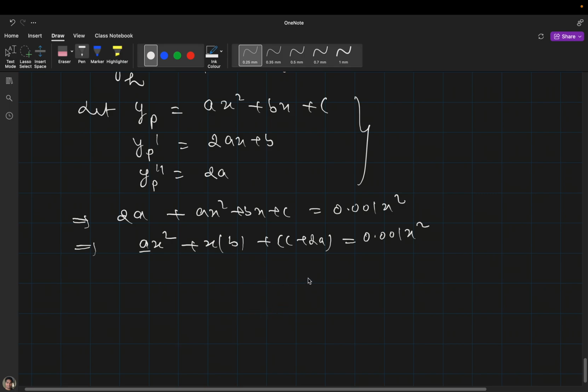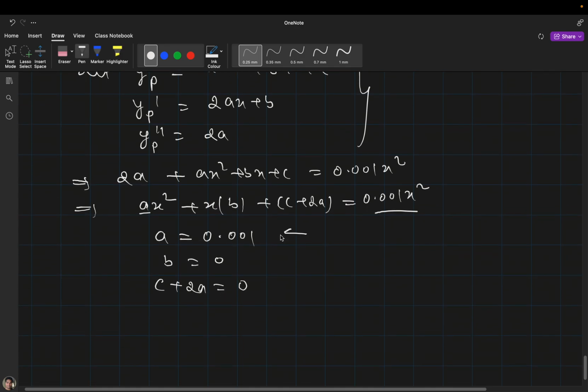Now compare all the coefficients on the left hand side with the right hand side. You can see that a equal to 0.001, and b, there is no such term which has x, so that will be 0, and also there is no constant term, so I can write c plus 2a equal to 0. Now since we already got a, you can get c equal to minus 0.002. So the problem is solved.